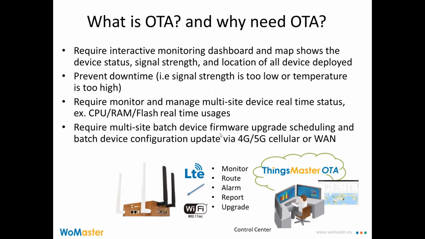This is also important, not just an upgrade or configuration update inside the LAN. It can be done over a WAN, or across multiple sites through WAN or 4G, 5G cellular. So these are the four important reasons why we need OTA and what OTA is.